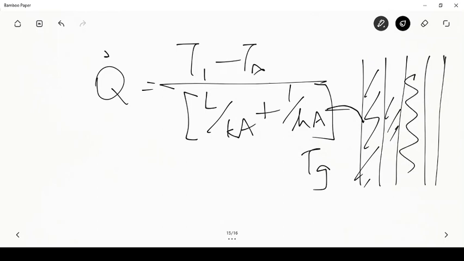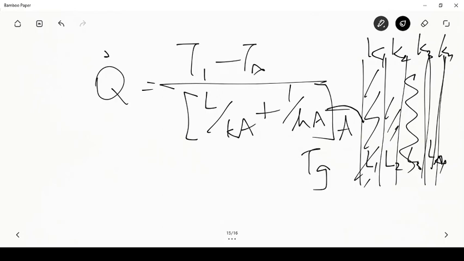So there are multiple layers, each one having a conductivity, let us say K1, K2, K3, K4, and each one having a thickness L1, L2, L3, L4, and all of them have the same common area A.